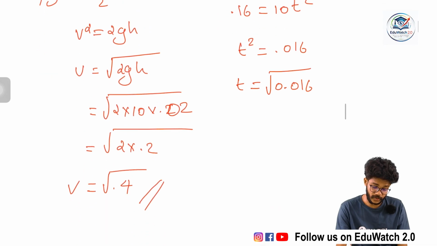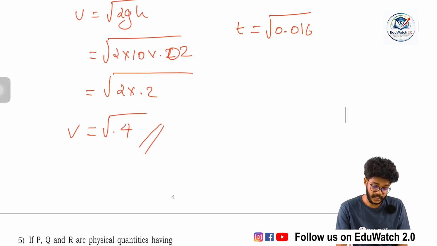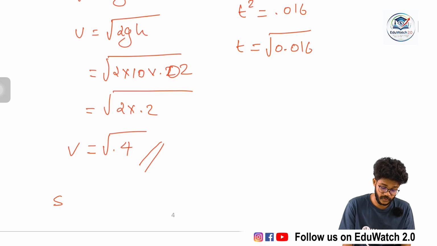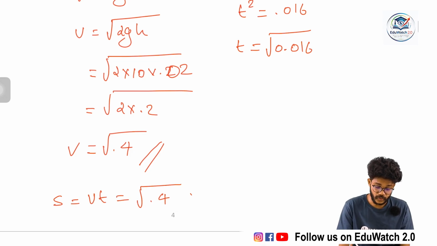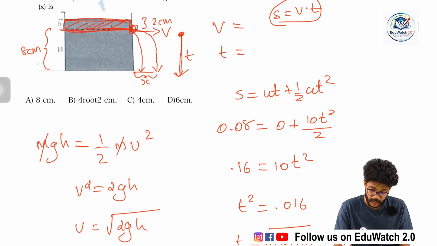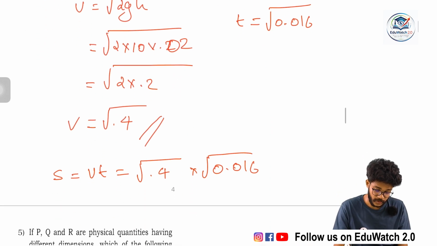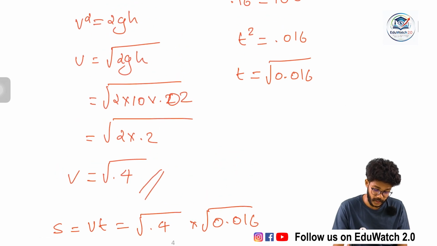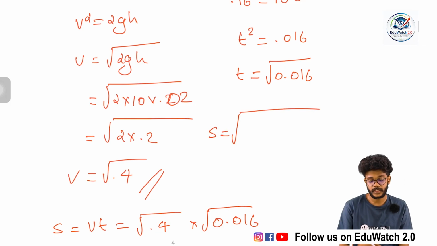Now we need to multiply v and t. s is equal to vt, which is equal to root 0.4 into root of 0.016. When we multiply this, 4 into root of 4 into 0.016, s is equal to root of 4 into 16, that is nothing but 64.